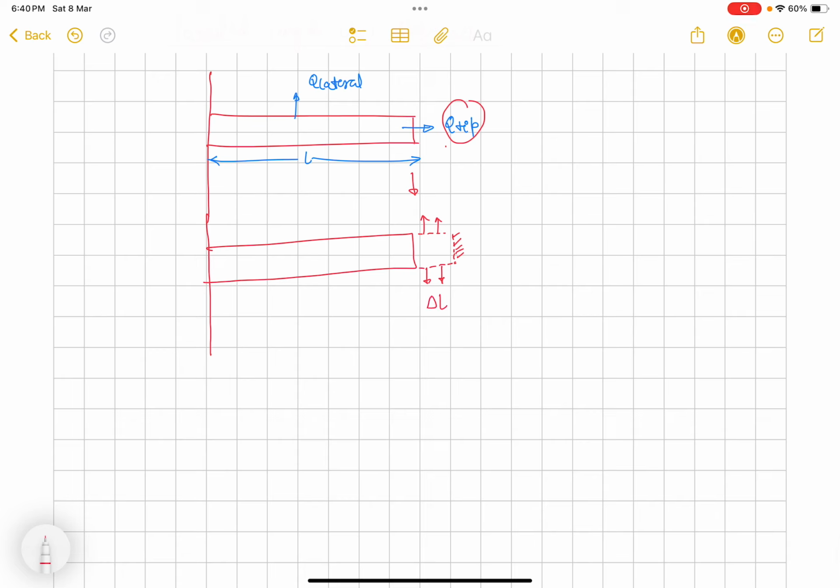So this length should have the same heat transfer from the lateral sides as that of this Q-tip, right?